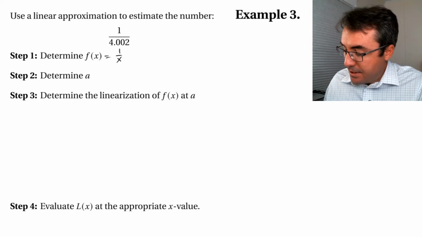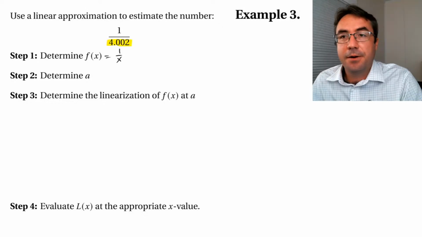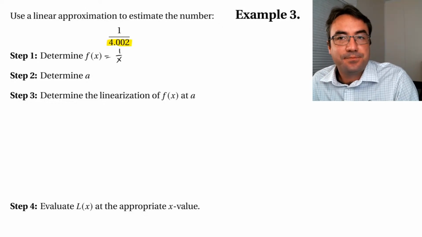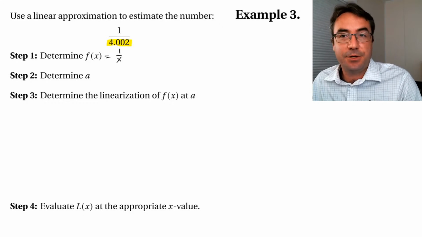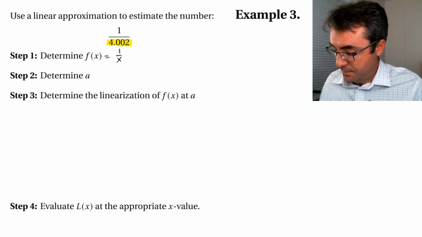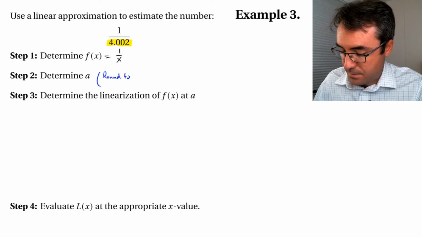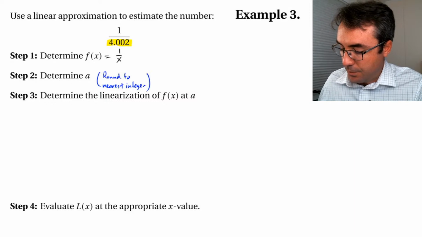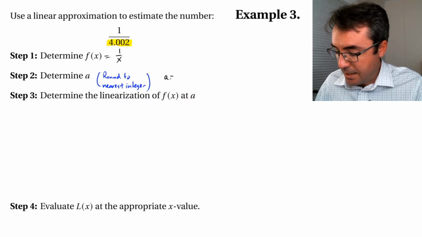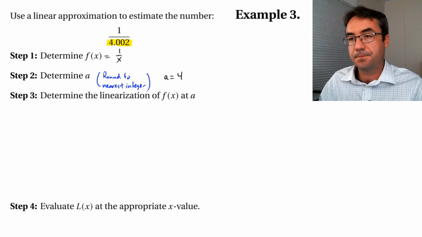So we look at that number in the denominator, and it's a decimal, 4.002. What we can do is just round that to the nearest integer. So we're going to let a equal 4.